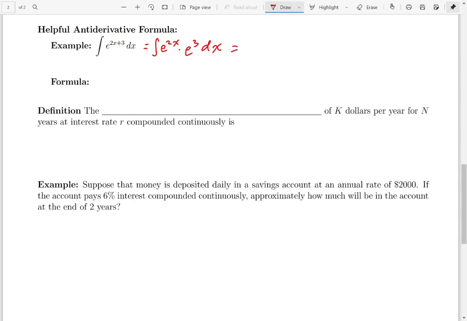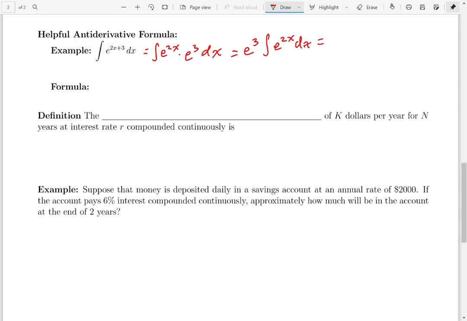But at that point, what matters is recall that e to the third is a constant. And so this is then e to the third times the integral of e to the 2x dx. So then we can use our general chain rule formula for the antiderivative of e to the 2x. This is then going to give me e cubed times e to the 2x over 2 plus some constant c.